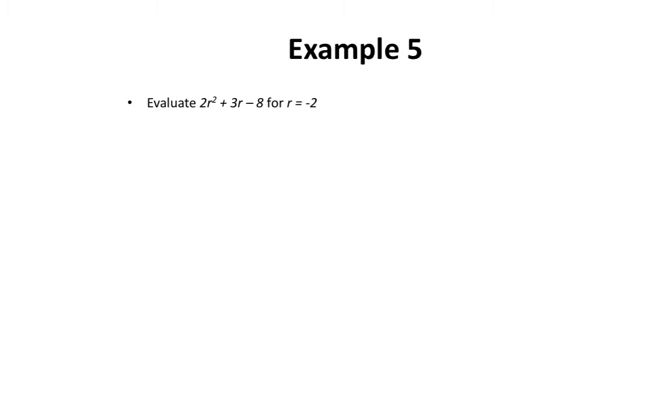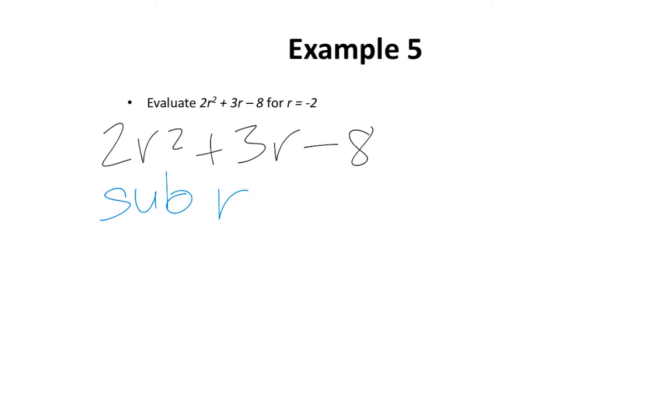In our last example, we want to evaluate 2r squared plus 3r minus 8 for r equals negative 2. First thing you want to do is rewrite the question. Next, we want to substitute in r is equal to negative 2.